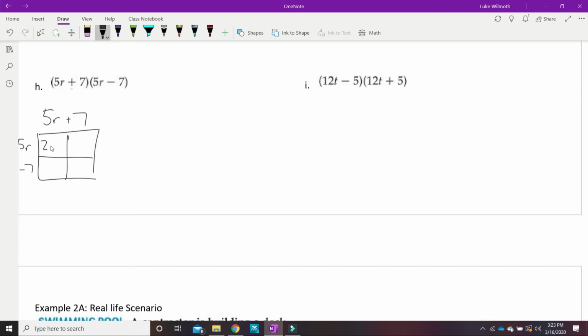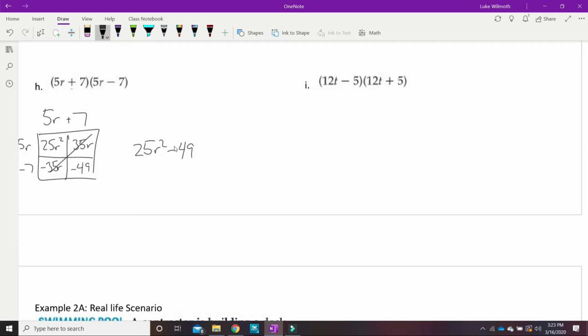I get 25r squared, and then that'll be, what is that, 35r, negative 35r, and negative 49. So you'll notice that this is negative 35, that's positive 35, those cancel, and my answer is 25r squared minus 49.